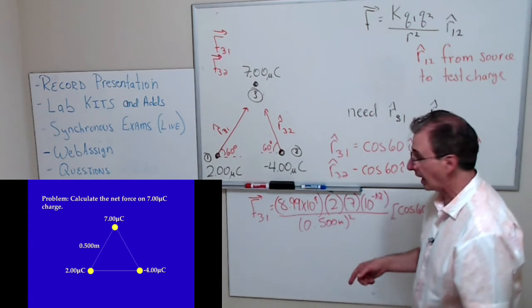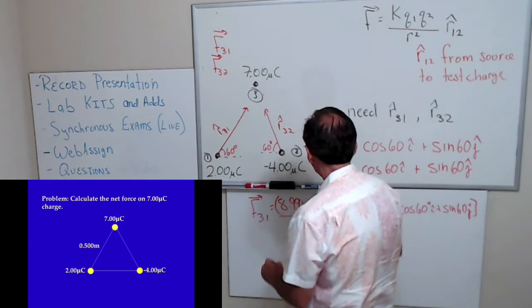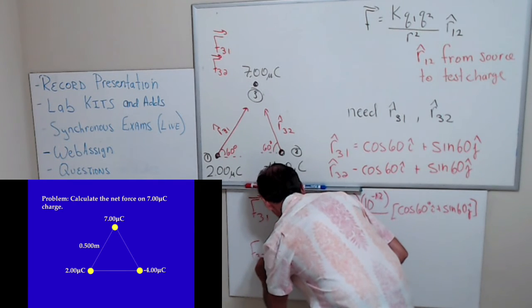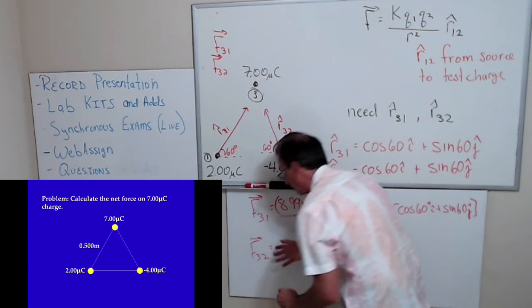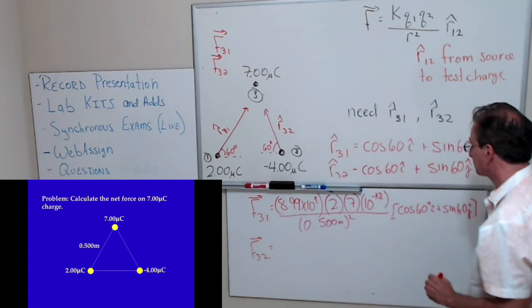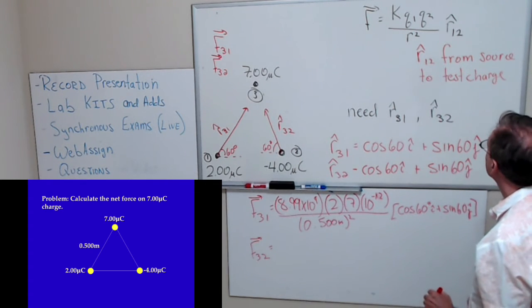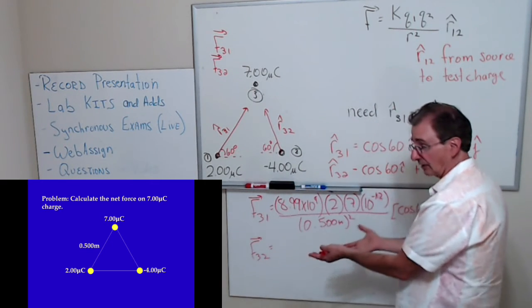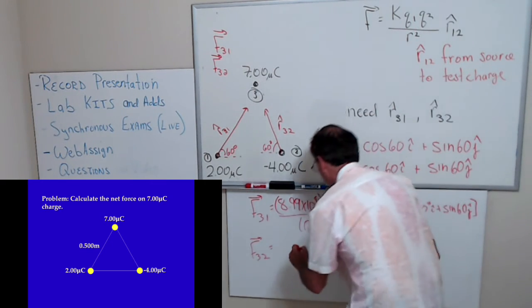And then let's do the bottom one, not the bottom one, F32, which will be at the bottom here. When I do F32, I'm interested in these 2 objects. I'm actually going to put the sign of the charge in this case in my equation.